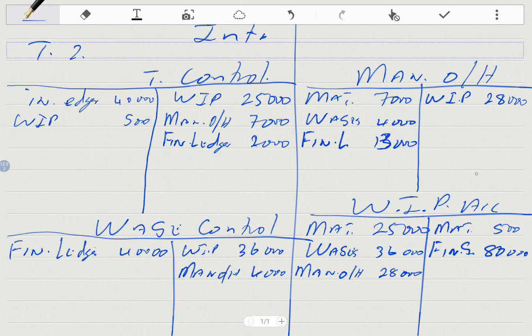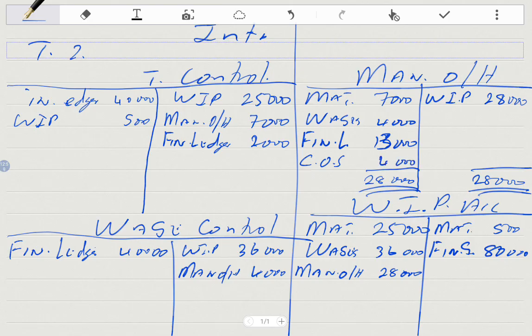So definitely we are going to balance this account with 28,000, the one that appears on the credit side. So it means the cost of sales, the difference of 4,000.